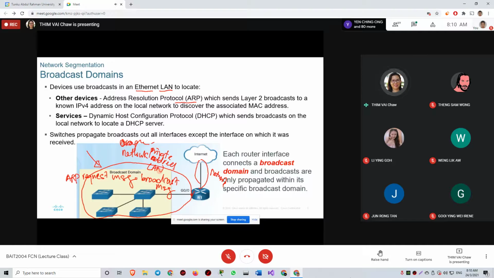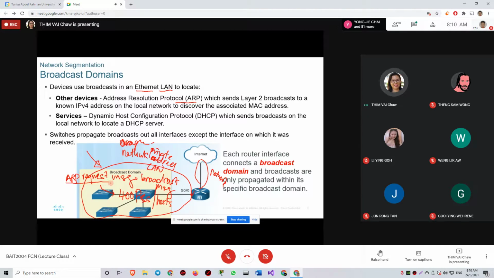So let's say on this broadcast domain over here, I have 400 PCs, or 400 hosts, including servers and laptops, all these things. This means that this broadcast message will be sent to 400 PCs, and all these 400 PCs must read the ARP request message.